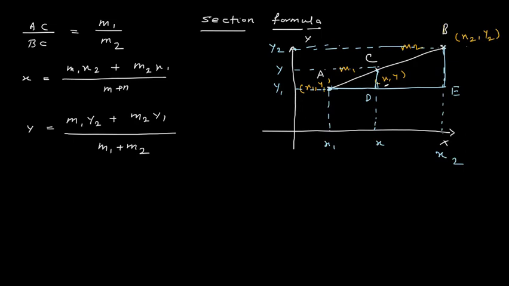Say this point is D and this point is E. You can easily verify that triangle ADC is similar to triangle AEB, and using the similarity criteria we can say that AC upon CB is equal to AD upon DE.